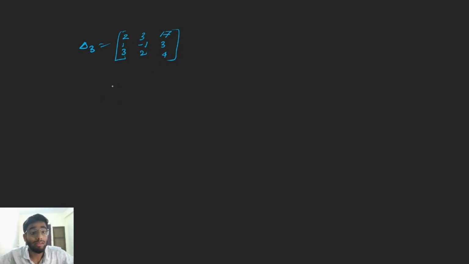Now as easily we can calculate: it will be 2 times (minus 1 3 2 4), minus 3 times (1 3 3 4), plus 17 times (1 minus 1 3 2).